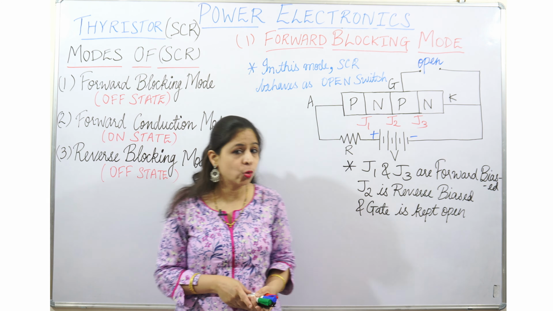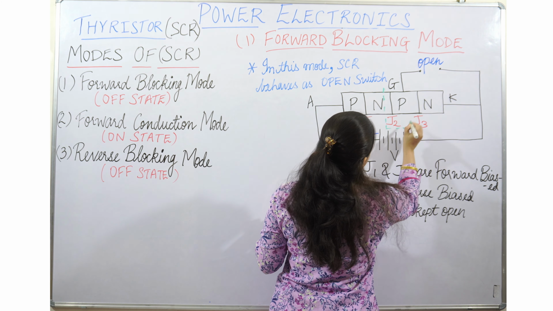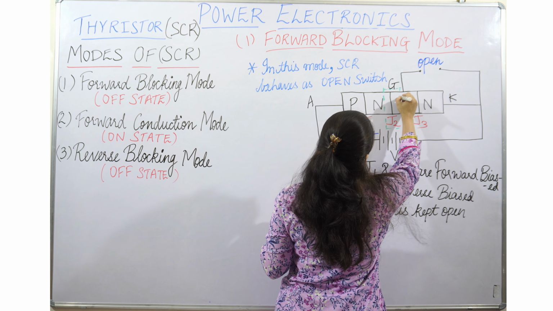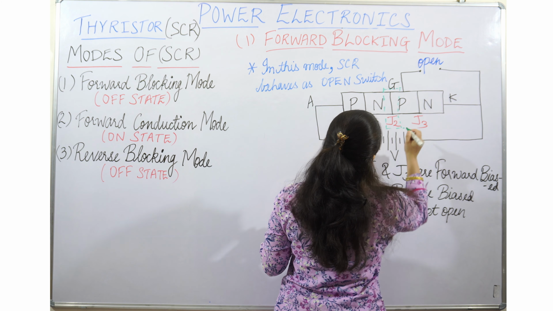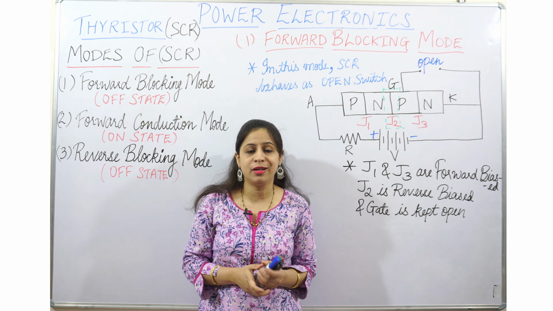Still, a very small current, a few milliamperes, flows through the circuit, and that current is known as the forward leakage current.